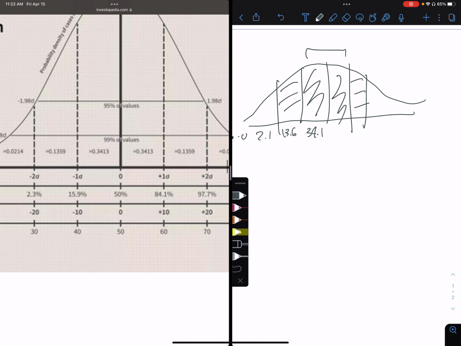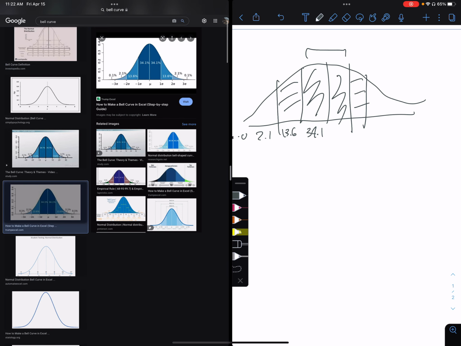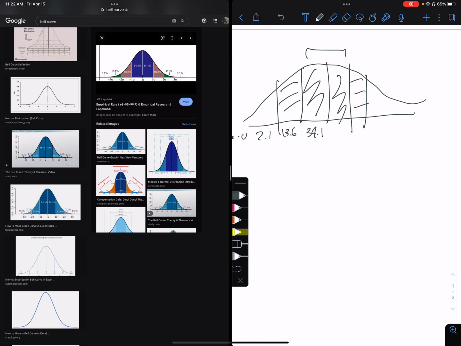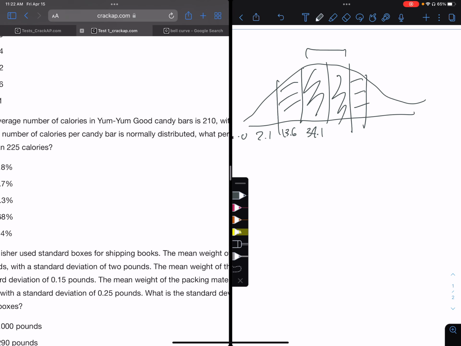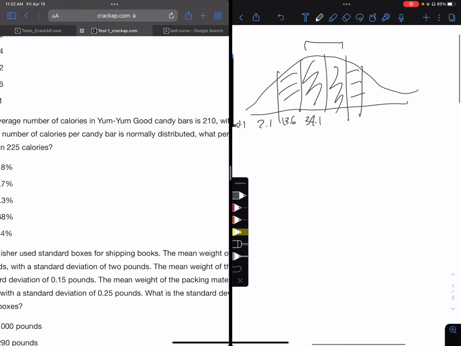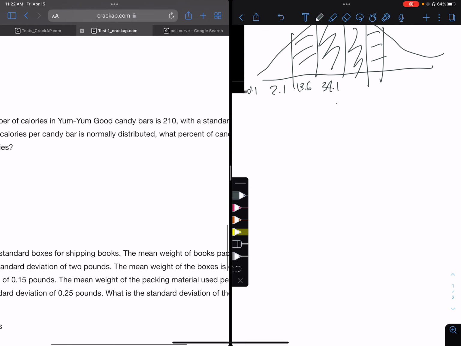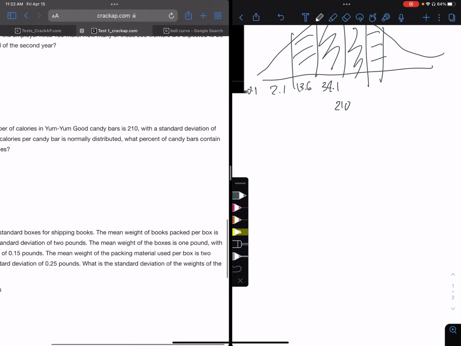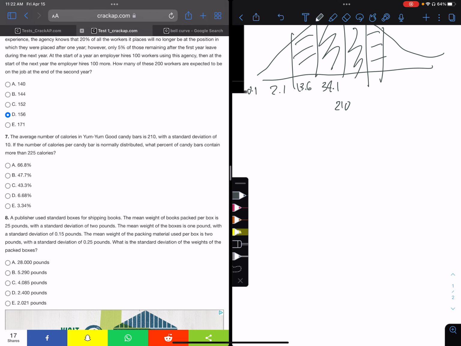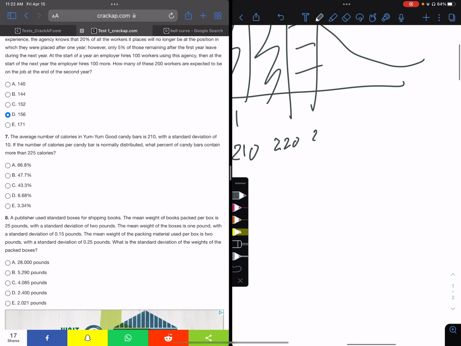Alright, so. No, I don't like this either. Whatever. And then we'll deal with it. 2.1. Alright, so. If it's 2 and 210, this is going to be 220, and this is going to be 230, but somewhere around here is 225.